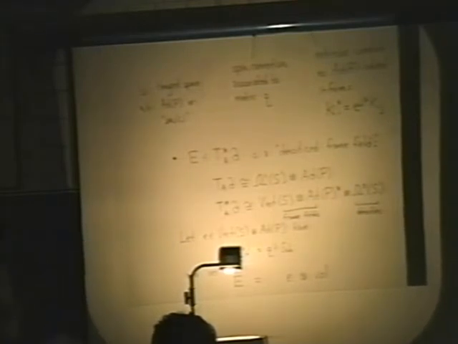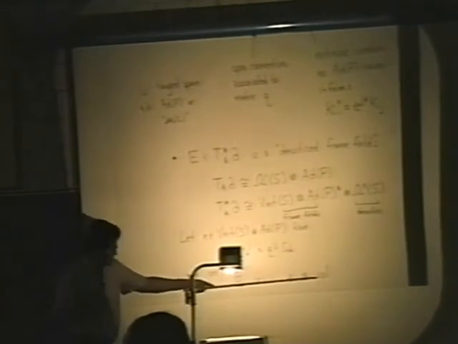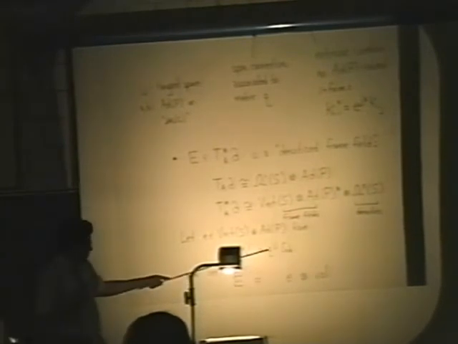Densitized frame fields can be related to metrics as well. So this densitized frame field, given a frame field, E, we can cook up a densitized frame field just by tensoring with the volume form associated to this metric. Now let me try to say this over again. I knew this is going to get a little tangly.